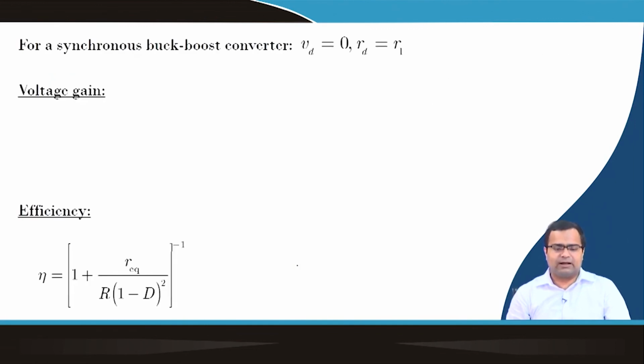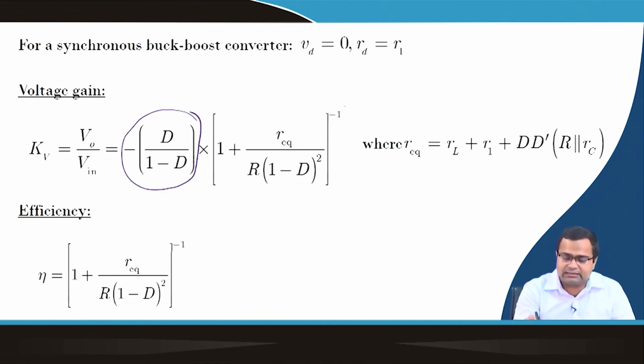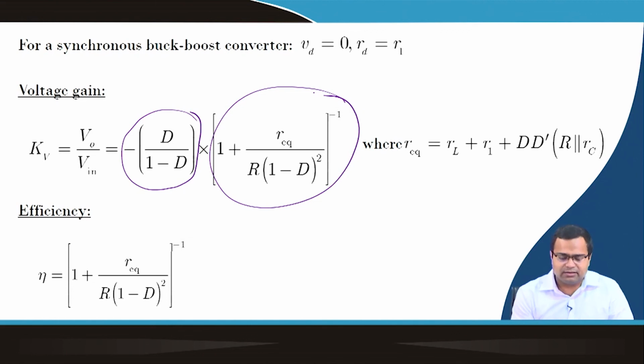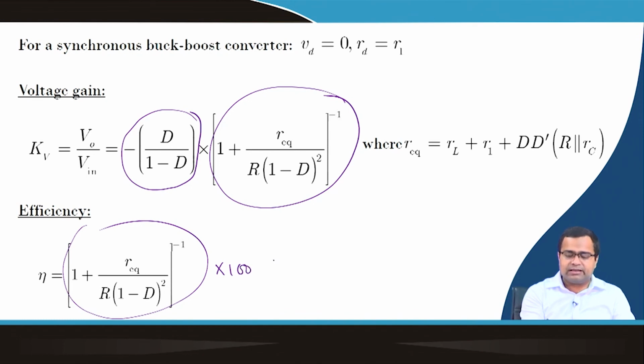So, for a synchronous buck-boost converter, again we can write down that this is my ideal voltage gain and this is my correction factor, and the efficiency will be simply the correction factor that we have discussed. So, this is the same thing as for buck-boost; for the synchronous configuration, the efficiency is simply the correction factor, that is the beauty. If the correction factor becomes smaller, the efficiency will fall, and if you multiply by 100, then we can write it in terms of percentage.